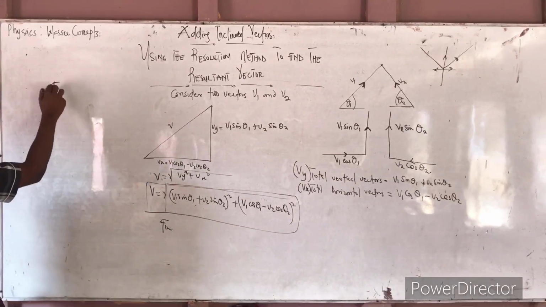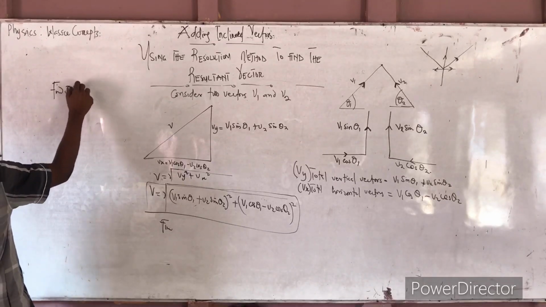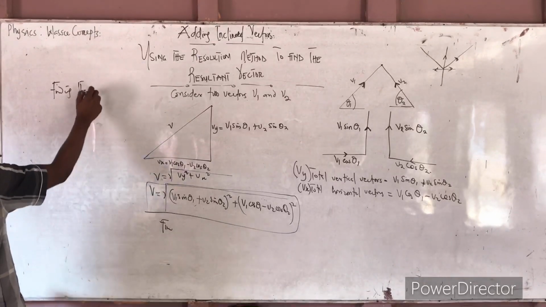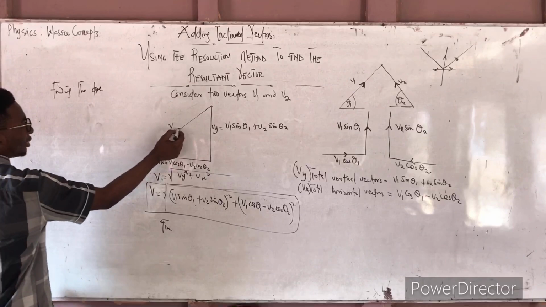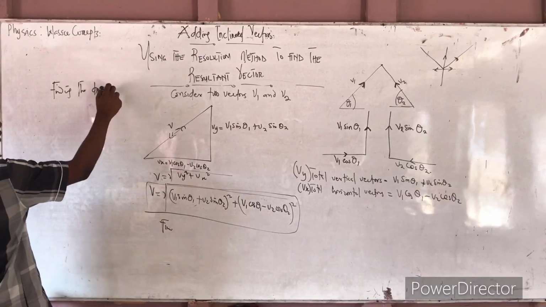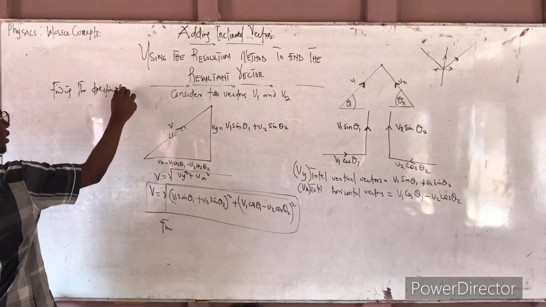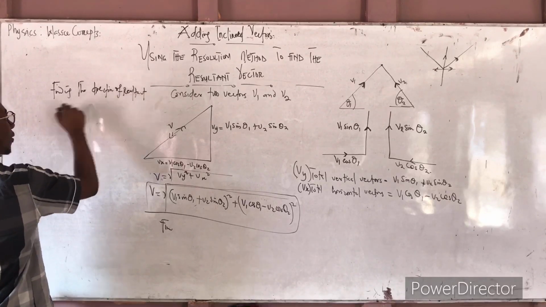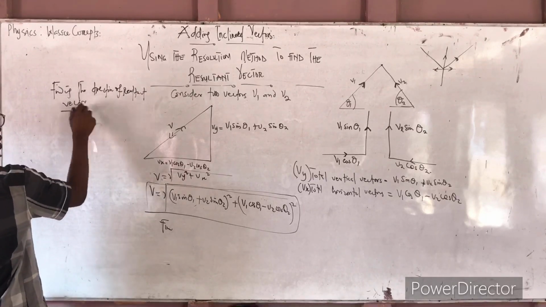So let's put it here: finding the direction after resolving, either the direction is here or the direction is here, you don't know. So you want to find the direction of the resultant vector. How do you go about it?